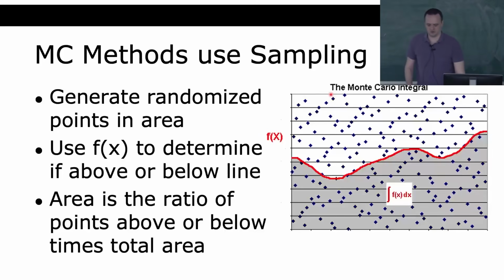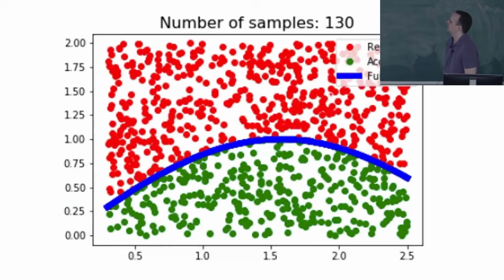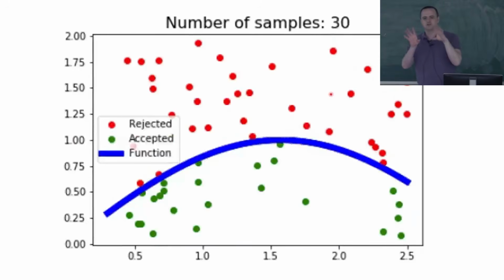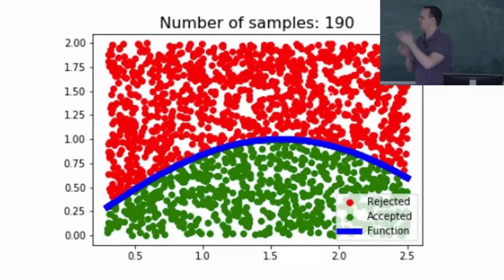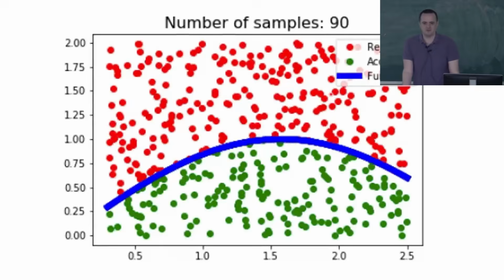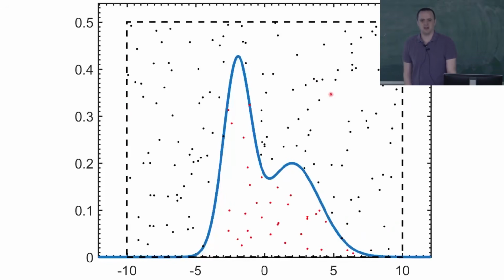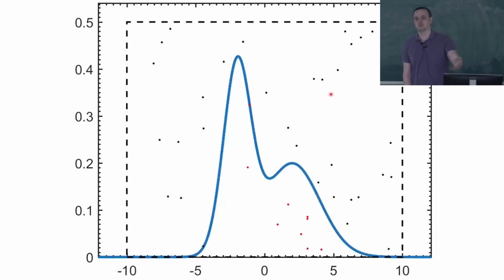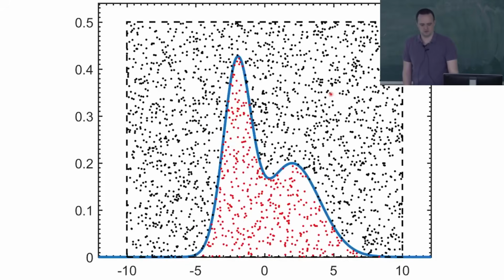So we can use Monte Carlo methods for that, and here's just a couple of illustrations of that, where you can see eventually we kind of do fill up this area. Now you don't have to fill it up, that's just a function of the point size in this graph, but once we have enough samples, then we can pretty accurately estimate these integrals and these functions that may be difficult to compute if we didn't use a method like this.